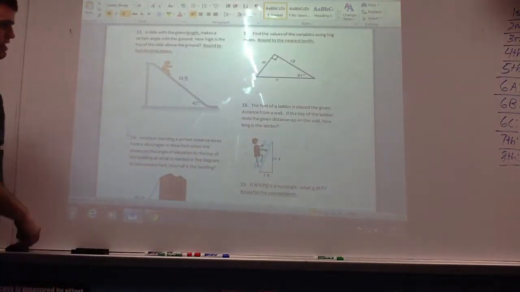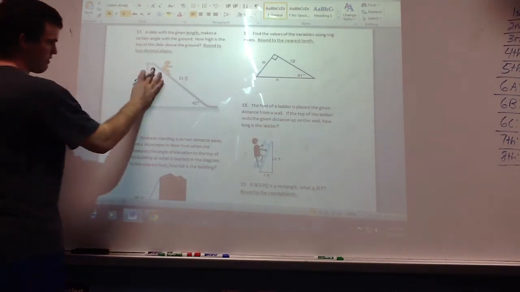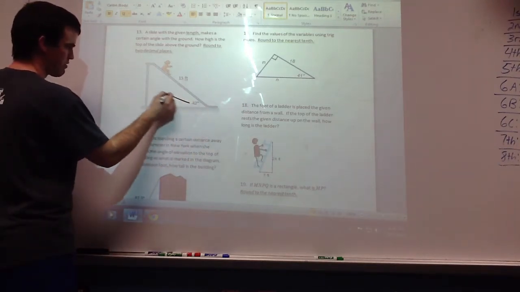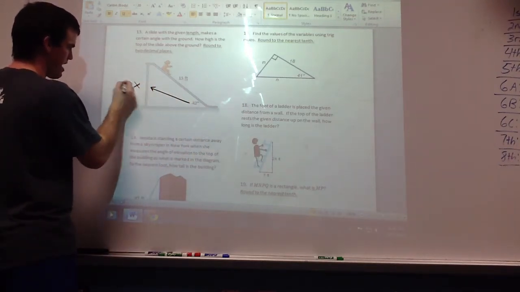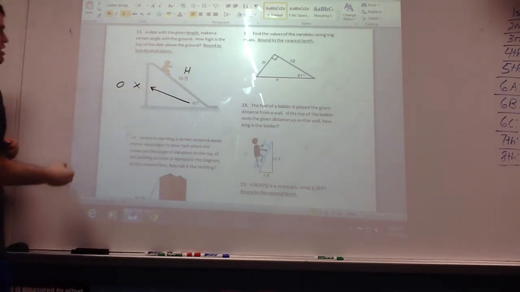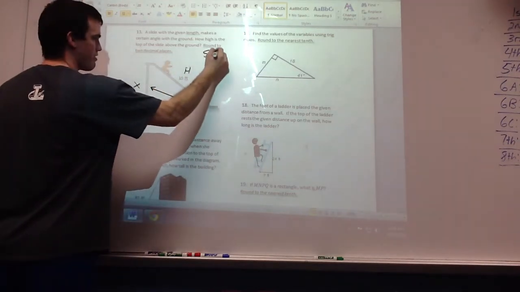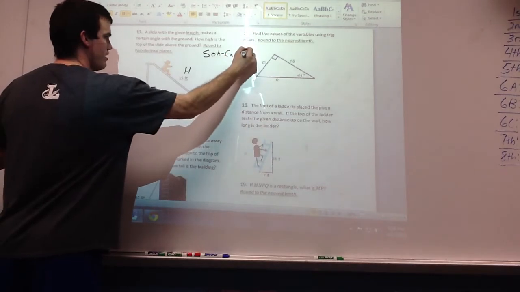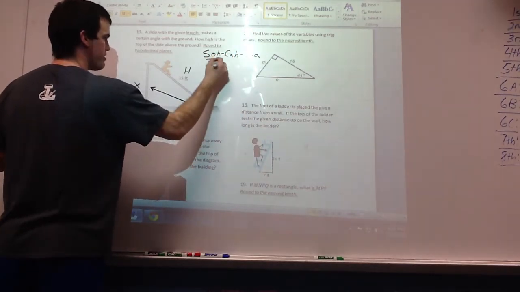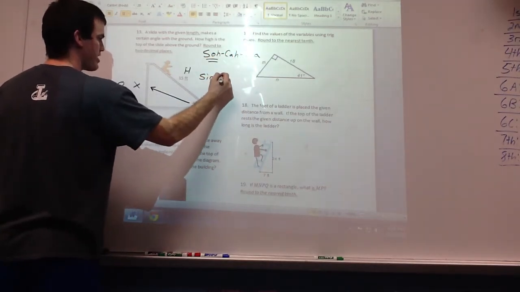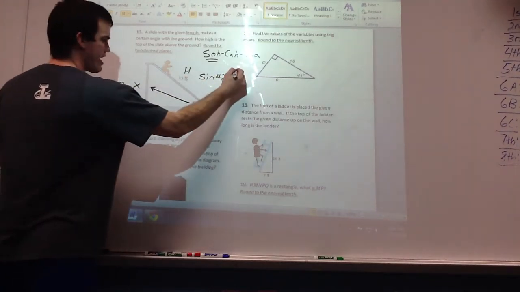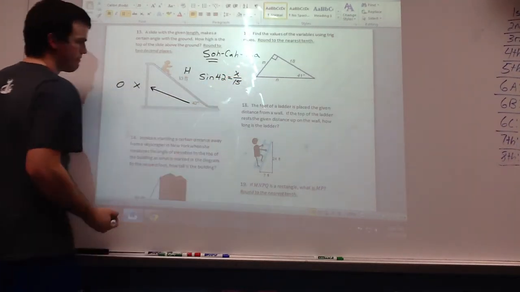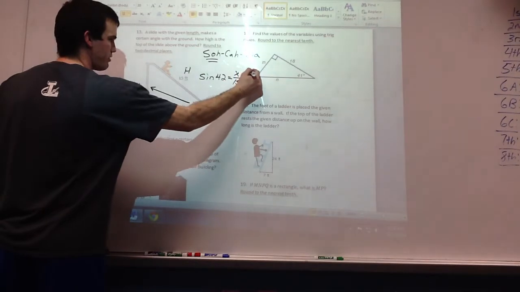Number 13 here, that wonderful slide problem that all of you love so much. The opposite is what I'm looking for. This is x, that's my opposite. I have the hypotenuse. So using my trig, my SOHCAHTOA, I'm going to use sine. So the sine of 42 will equal the opposite, which is x, over 15. To solve, multiply both sides by 15.